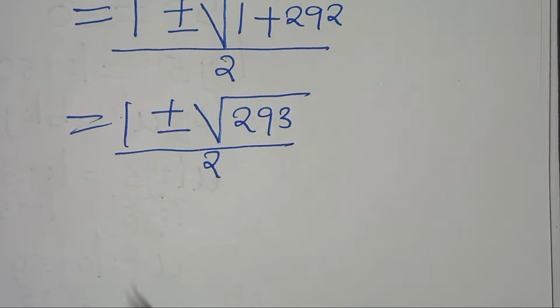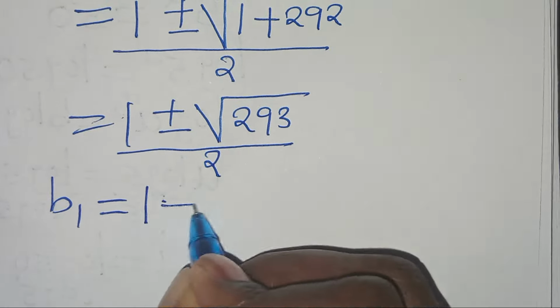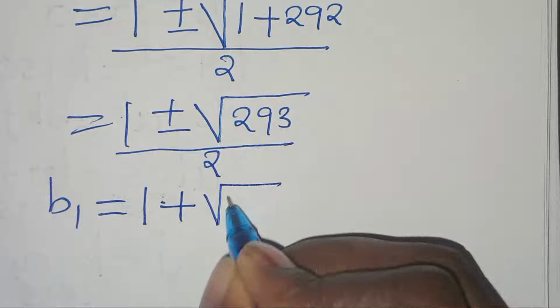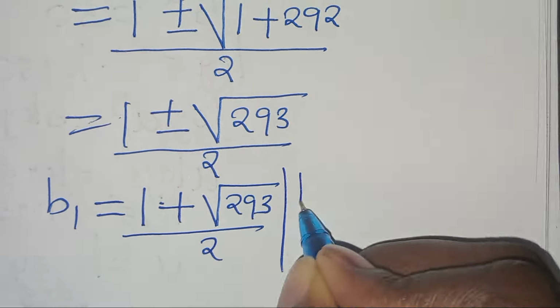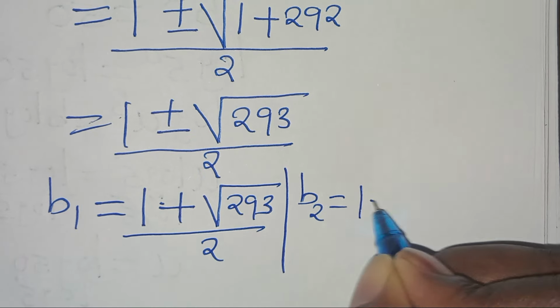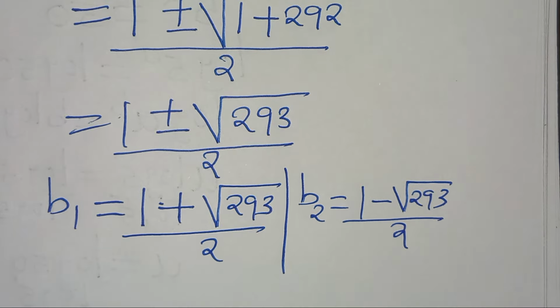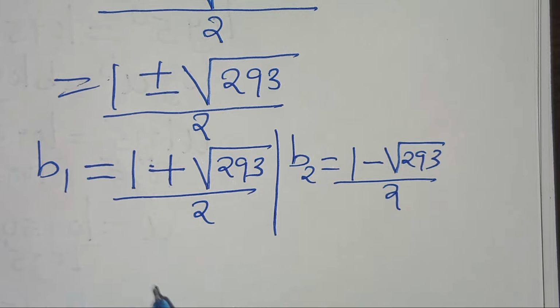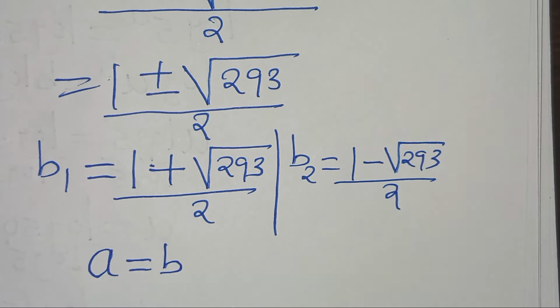So this implies that b1 is equal to 1 plus square root of 293 divided by 2. And we have that b2 is equal to 1 minus the square root of 293 divided by 2. So this means that if you recall from equation 3 that a is equal to b.